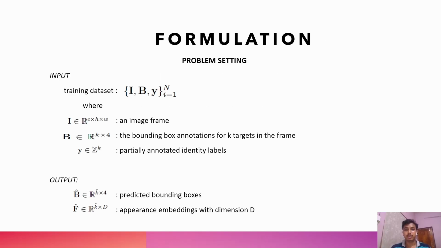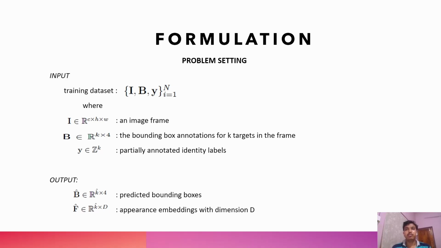So the formulation. Starting with the problem setting, the input is a unified large-scale multi-label dataset that has been formed using six datasets. The training dataset contains tuples of three parameters I, B, Y, where I is an image frame, B is the bounding box annotation for K targets in the frame, and Y is the partially annotated identity labels.